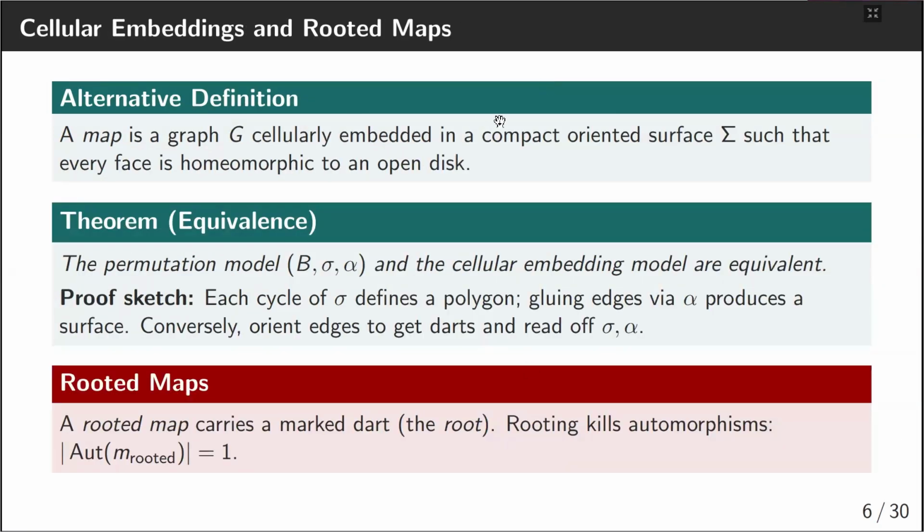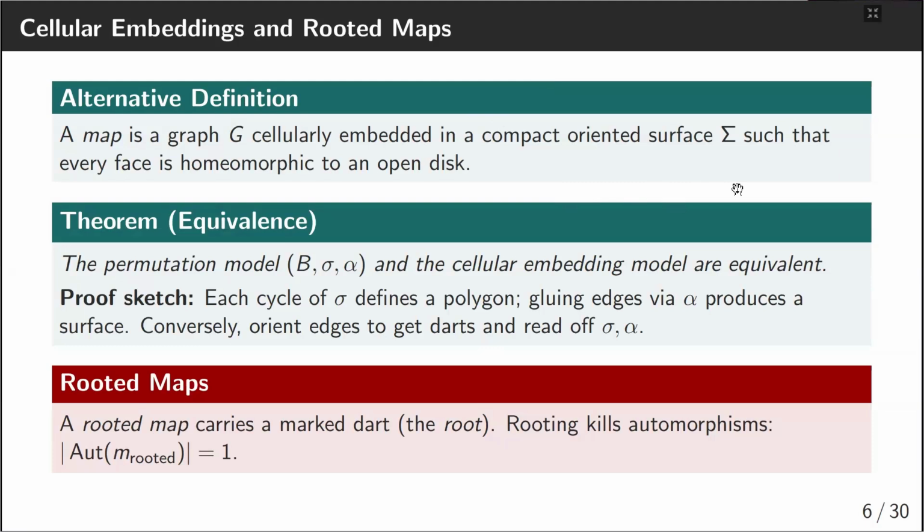So an alternative definition is that a map is a graph such that it's cellularly embedded in a compact oriented surface, such that every face is homeomorphic to an open disk. So this is the equivalent theorem, saying that the permutation model and the cellular embedding model are equivalent.